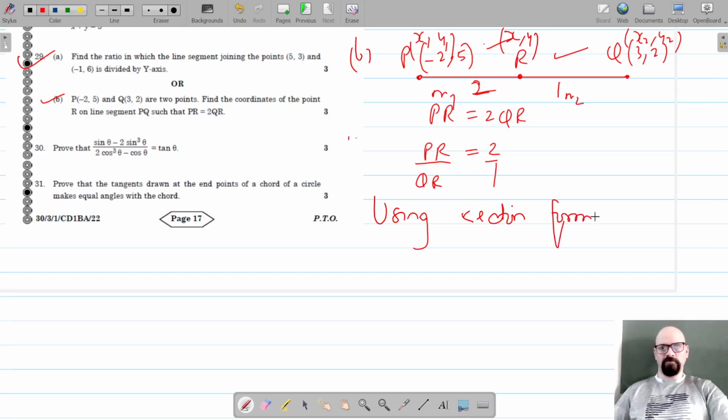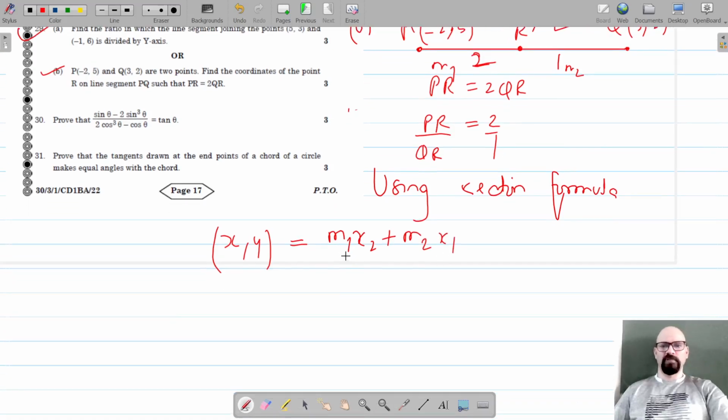Section formula says that the coordinates of point R should be x comma y: m1 x2 plus m2 x1 upon m1 plus m2, and m1 y2 plus m2 y1 upon m1 plus m2.